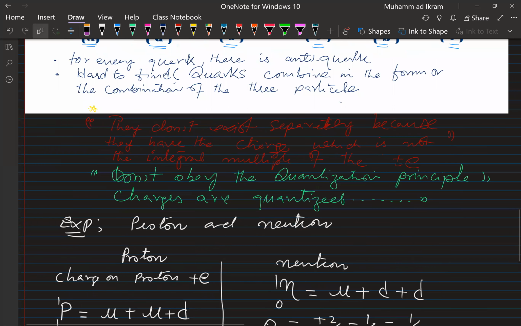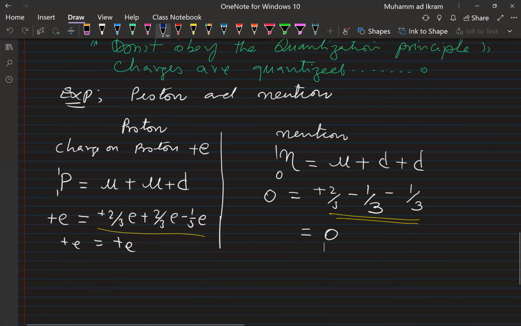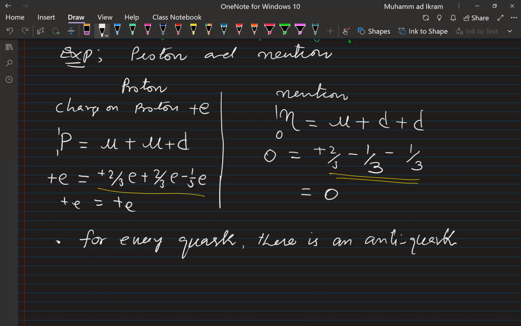Another property is that for every quark there is an anti-quark, in the same way as for every particle there is an anti-particle.